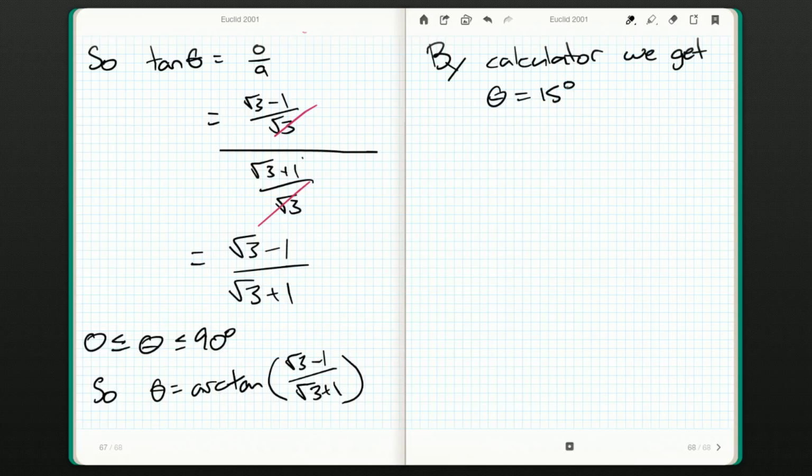So 15 degrees, or what is that? That's pi by 12 would be another way to say that. It all depends on which way your calculator is set up. Most calculators default to degrees, so that's what I'm putting it in. So 15 degrees, and that looks like an excellent answer.